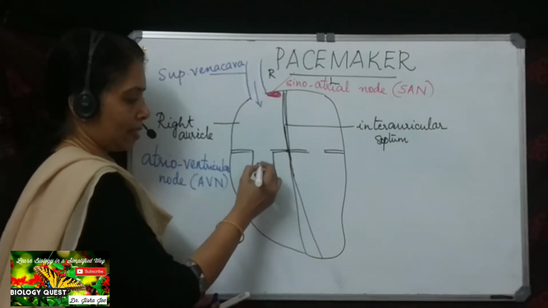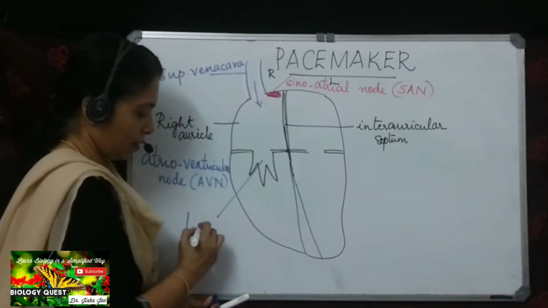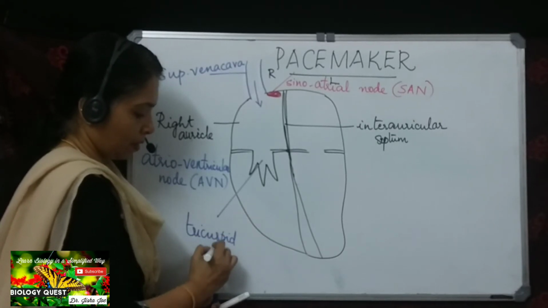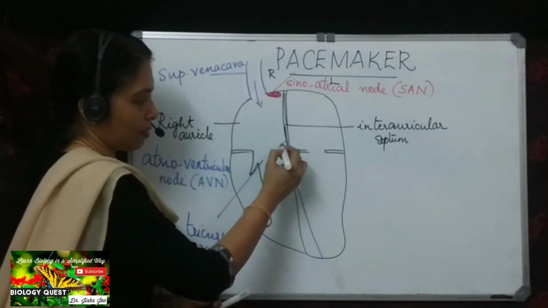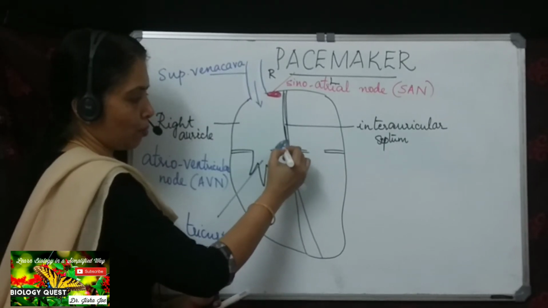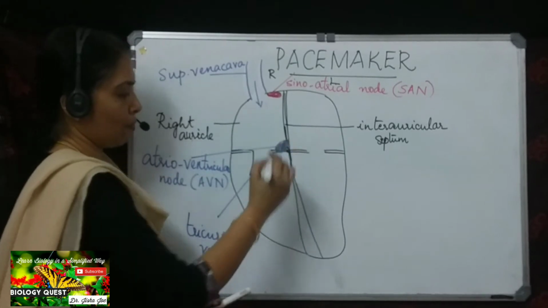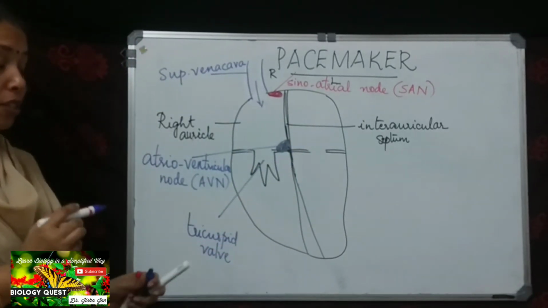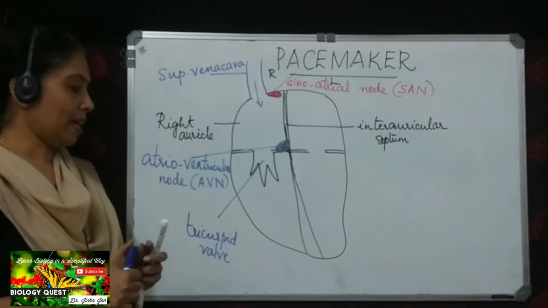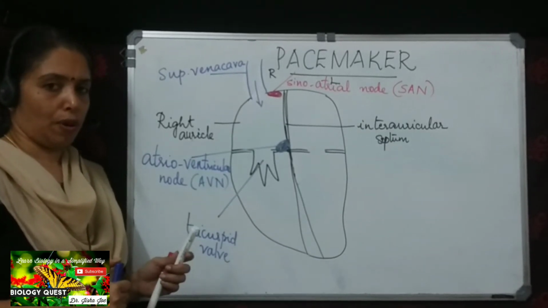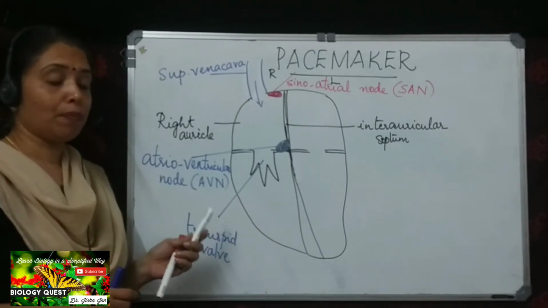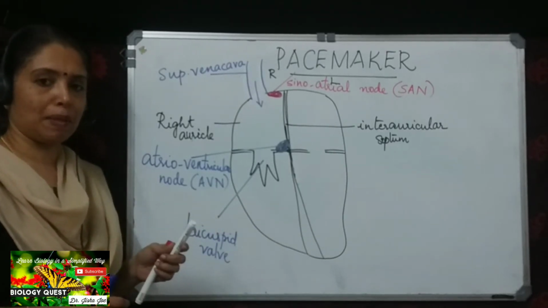That is the tricuspid valve, and somewhere at this region is present the atrioventricular node, or the AVN. Where is it located? Near the interauricular septum, very close to the tricuspid valve.